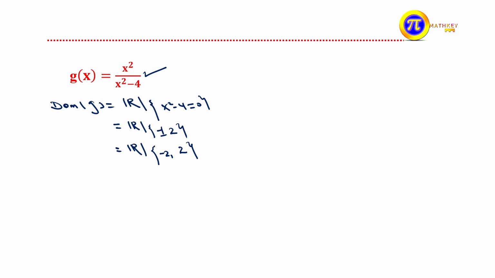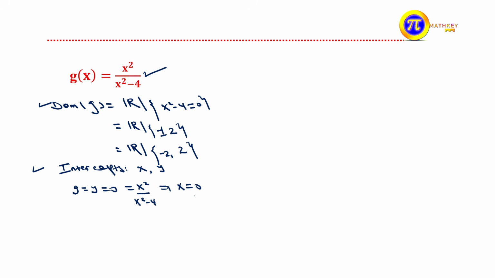After obtaining this domain, the next one, determine the intercepts. Intercept means we want the x and y intercepts. When y is 0, that means g is equal to y, because this is 0 equals x square over x square minus 4. When we solve this one, this shows that x is equal to 0.